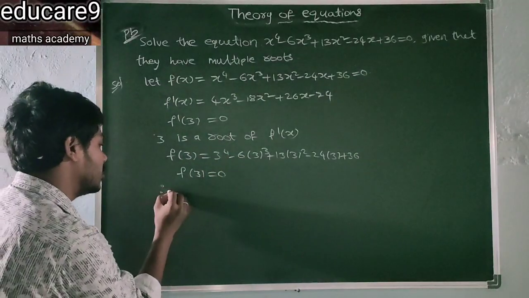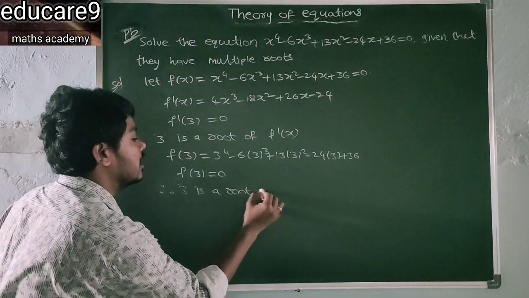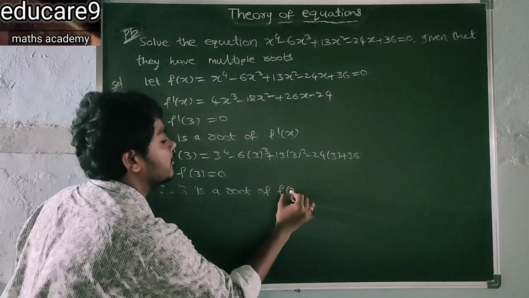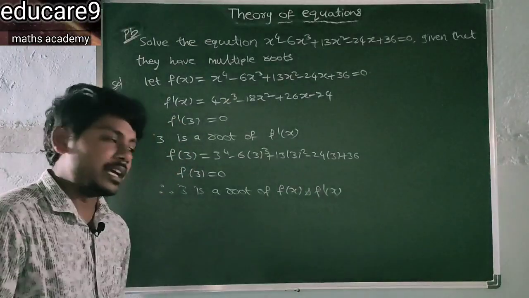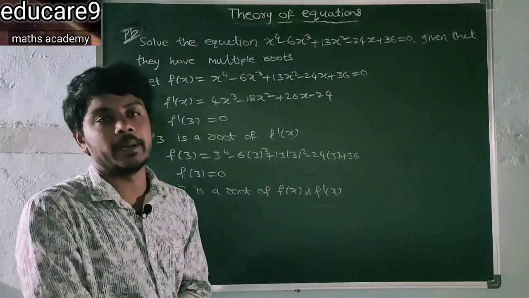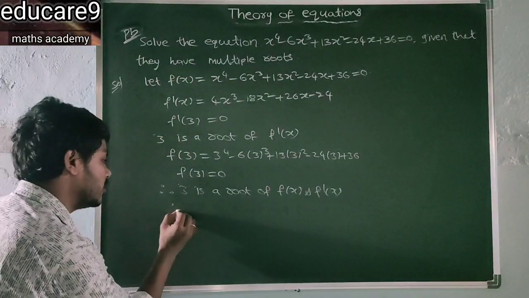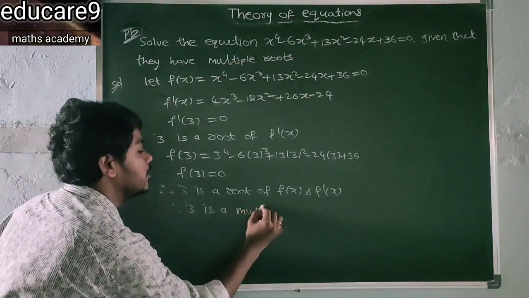So clearly 3 is a multiple root, because it is repeated. Therefore 3 is a multiple root.